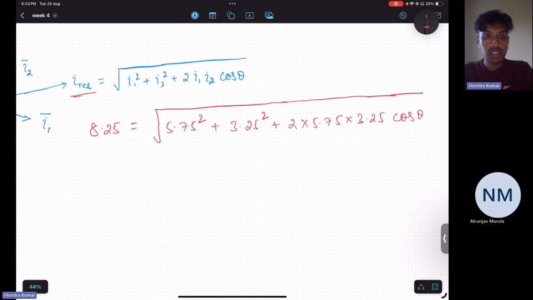Okay. So I think we can calculate theta from here, isn't it? Could you please let me know the value of theta? I am simplifying it one step more.